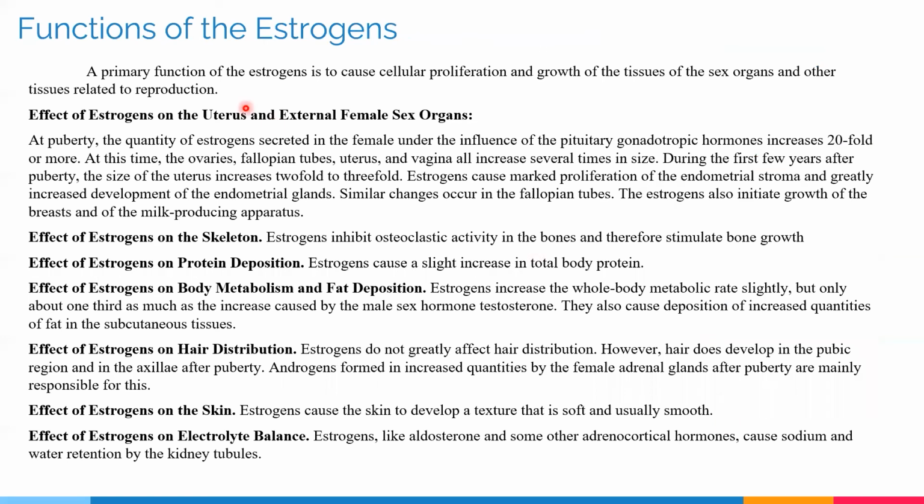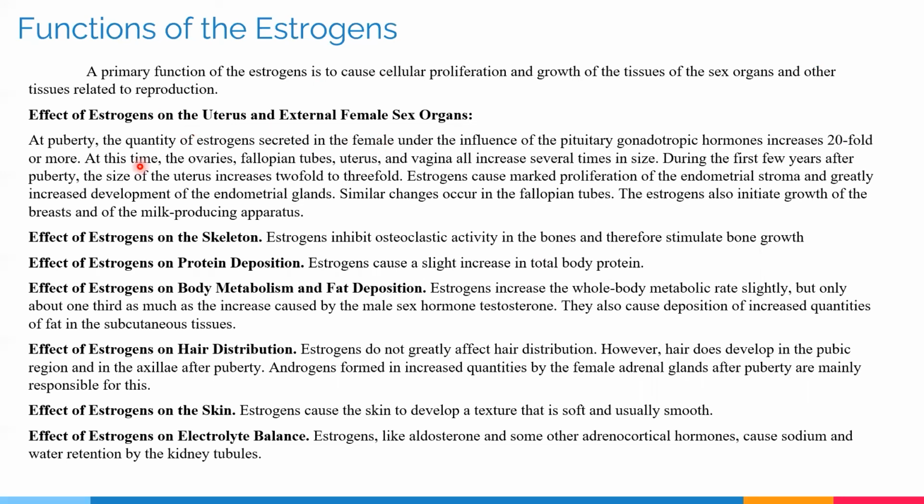Let us look into the functions of estrogen. A primary function of estrogen is to cause cellular proliferation and growth of tissues of the sex organs and the tissues related to reproduction. Effect of estrogen on uterus and external female sex organs.